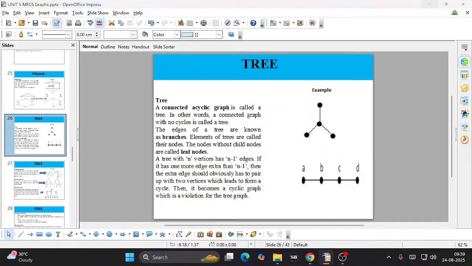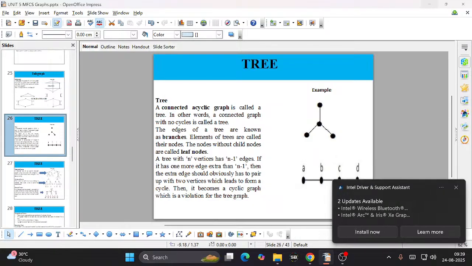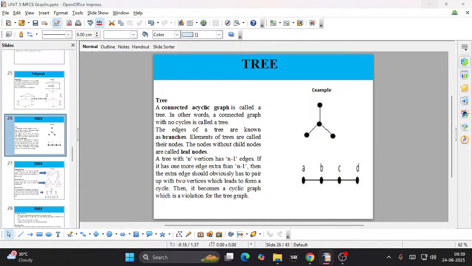A tree is defined as a tree is a connected acyclic graph without any cycles.